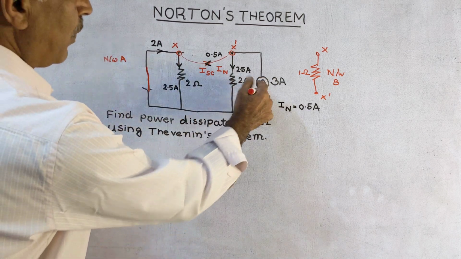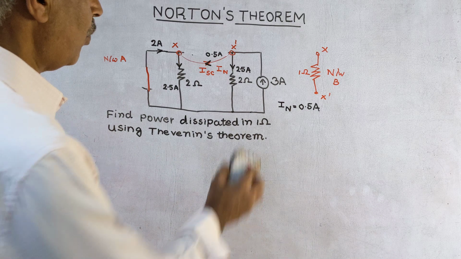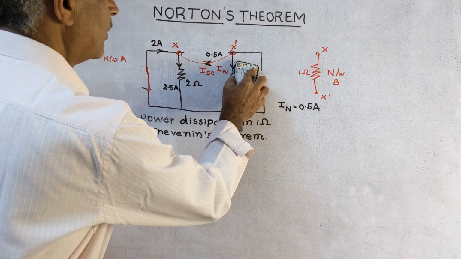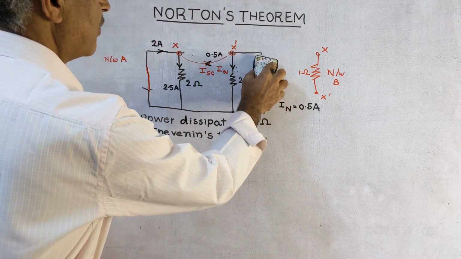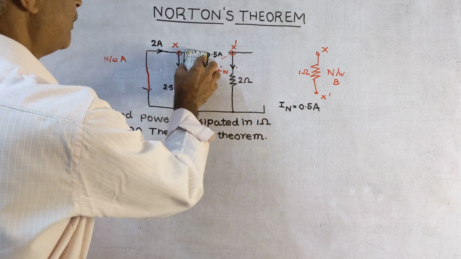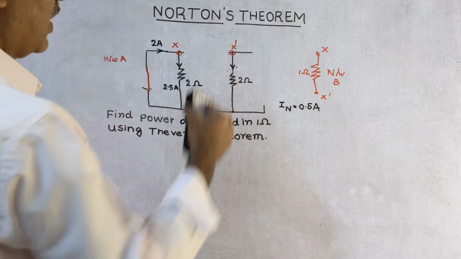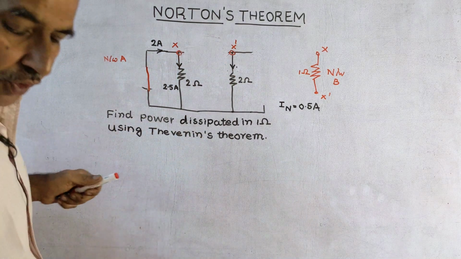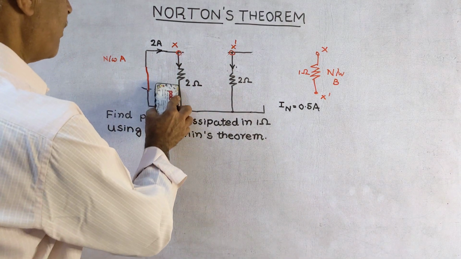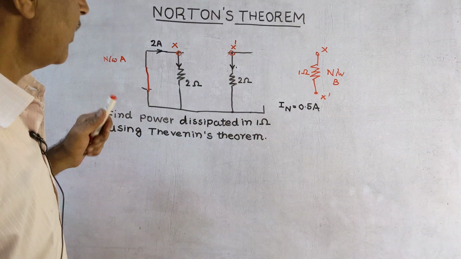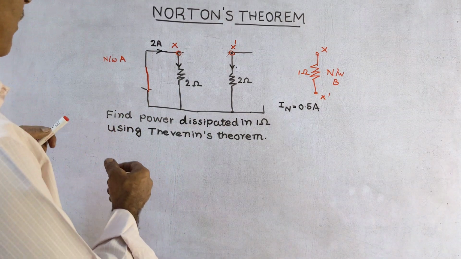Then open the 3 ampere source. Then we are left with dead network A.